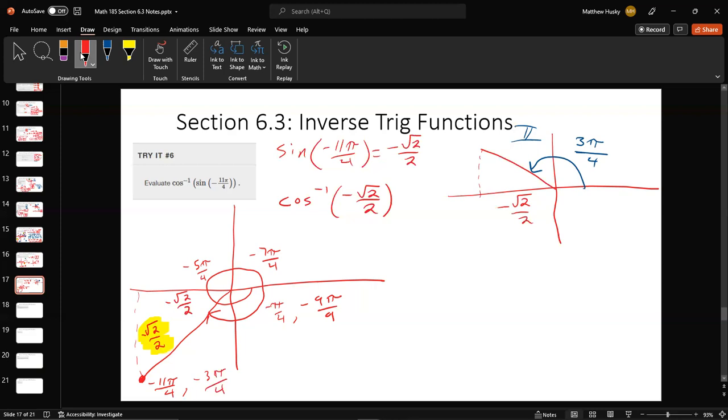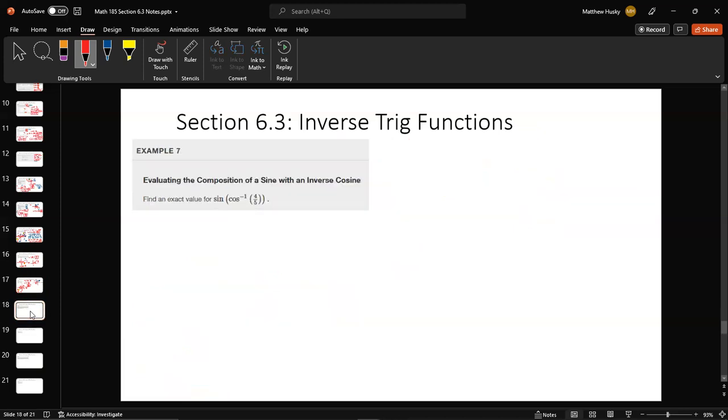So the solution is 3 pi over 4, because that is the angle that would give you negative root 2 over 2 for cosine.